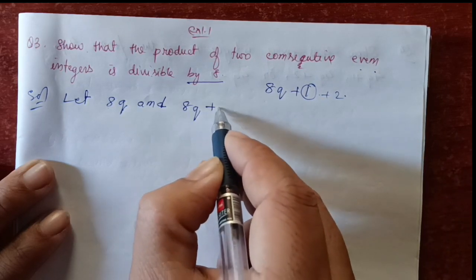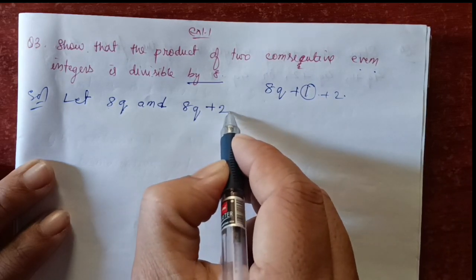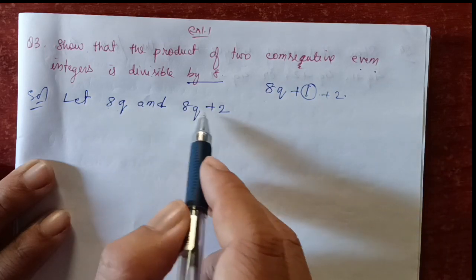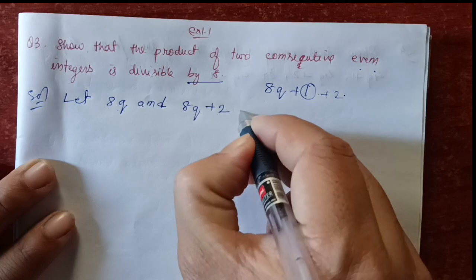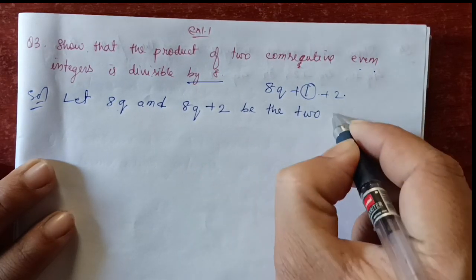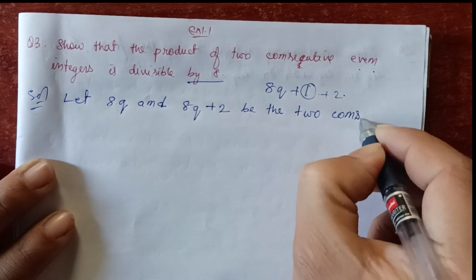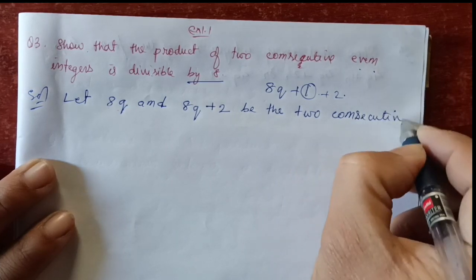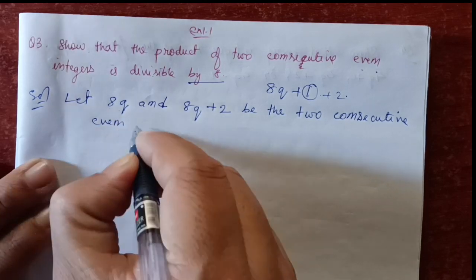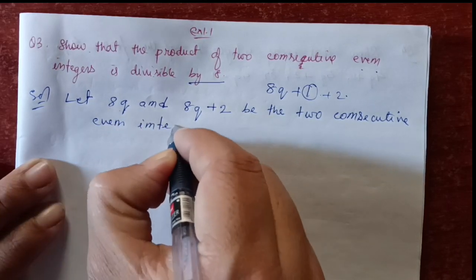So 8q plus 2. Since it says even, we use even. So let 8q and 8q plus 2 be the two consecutive even integers.